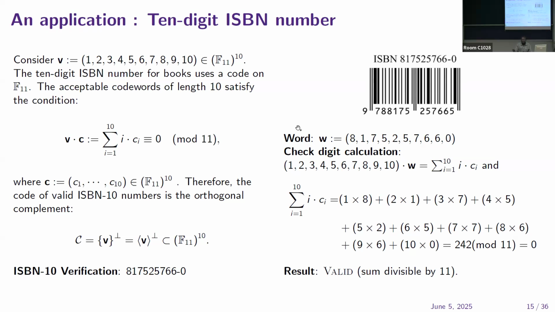Here is the other code. The technique to verify this is correct. This is a correct code. Well, we take another ISBN code and you verify that it is valid.